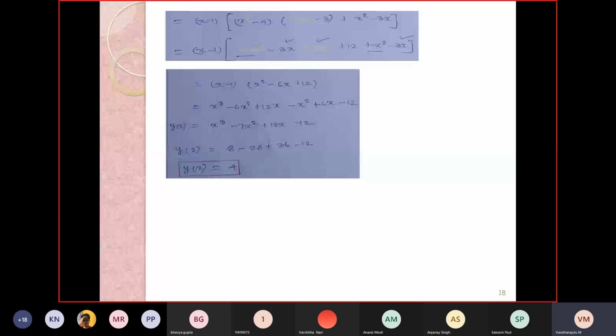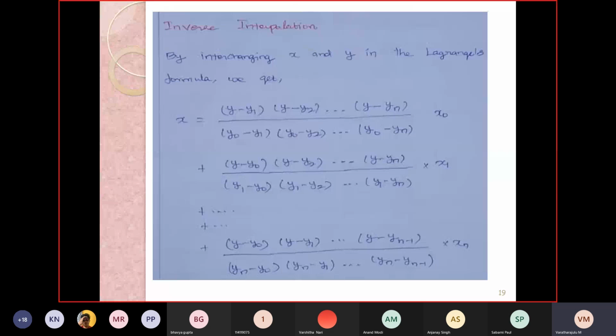There is no need to worry about the intervals over x. And inverse interpolation is feasible in the case of Lagrange's interpolation. Interchanging x and y, Lagrange's formula will be similar to that for the y value. This is the inverse interpolation formula to find the x value.